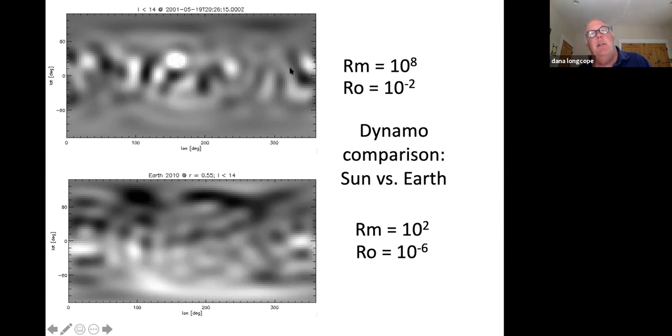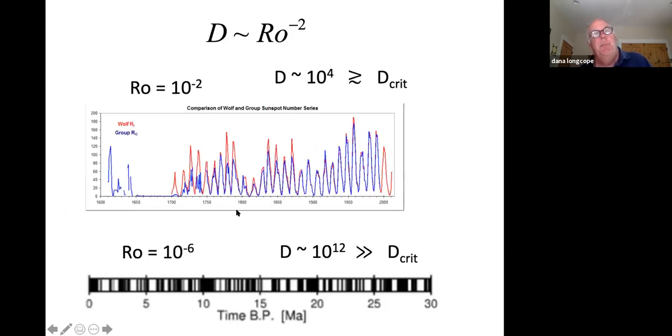The magnetic Reynolds number gives us some idea of the messiness. The Rossby number gives us more of an idea of how many different modes are being excited and therefore how complicated the frequency structure might be. So here's the Rossby number 10 to the minus 2, and it's an oscillator, not a perfect oscillator, but it certainly gives you a feeling of oscillations.